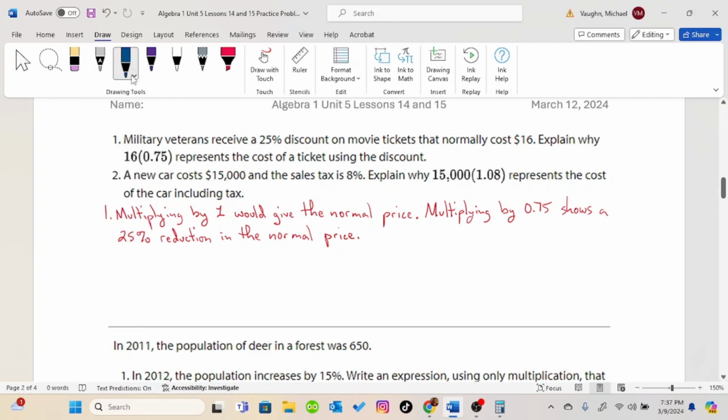For number two, a new car costs $15,000 and the sales tax is 8%. Explain why 15,000 times 1.08 represents the cost of the car, including tax.